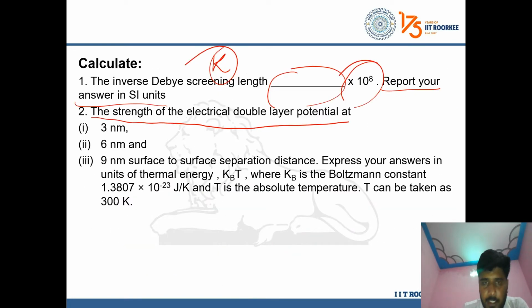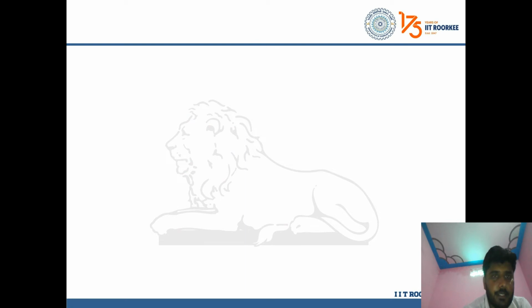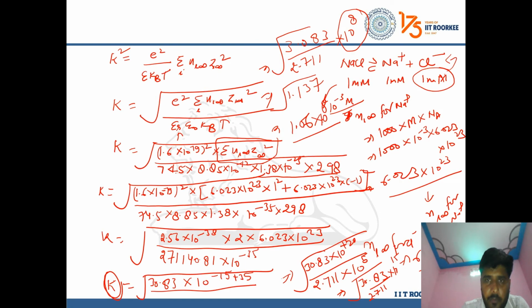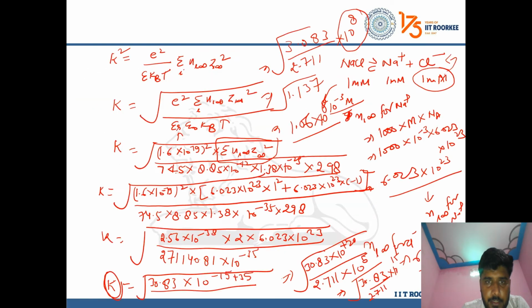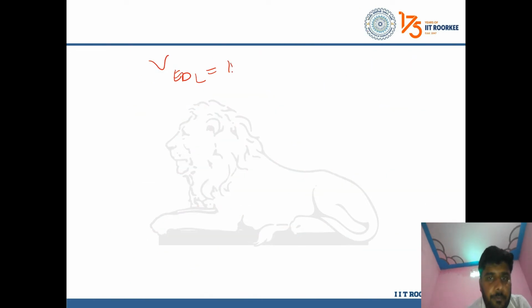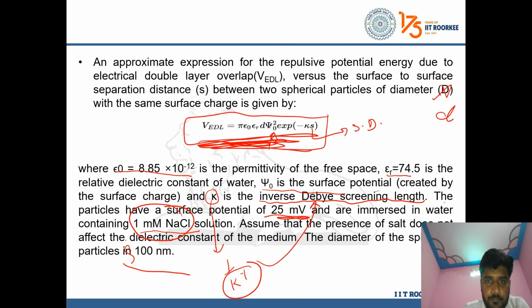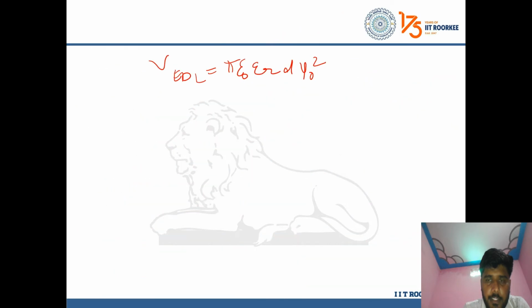Let me write here, that is V_EDL, the electrical double layer overlap potential, that will be pi epsilon naught r d naught square, exponential minus kappa s.